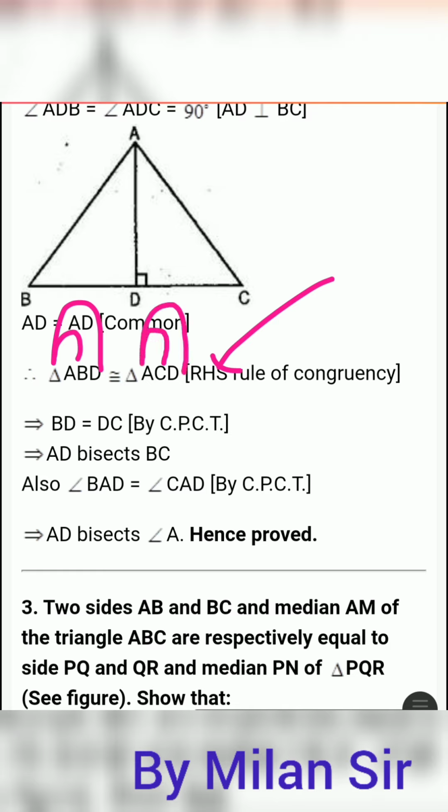So BAD is equal to CAD by CPCT. It means these two angles are the same. Now if these two angles are the same, we can say that AD bisects angle A.